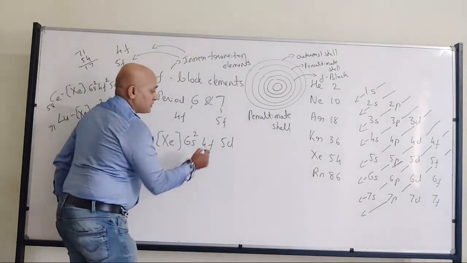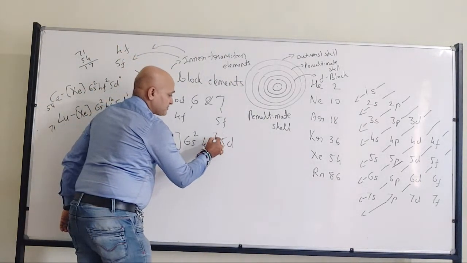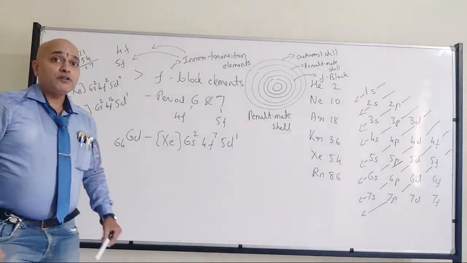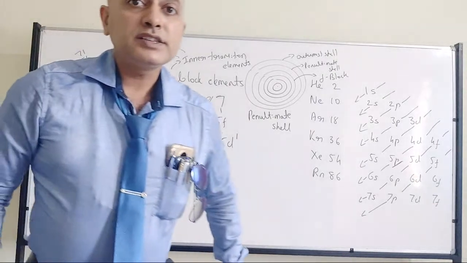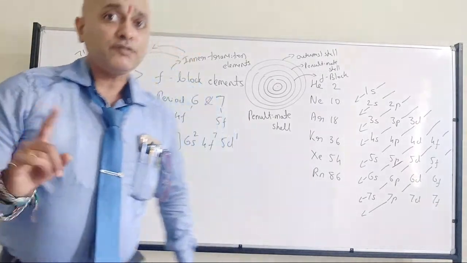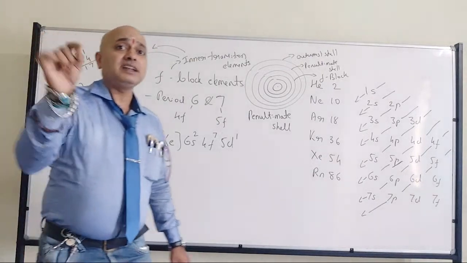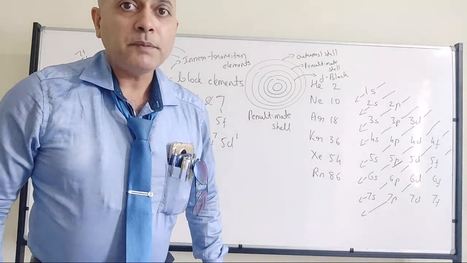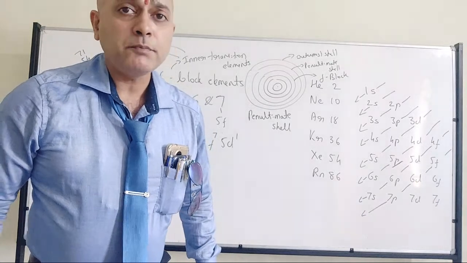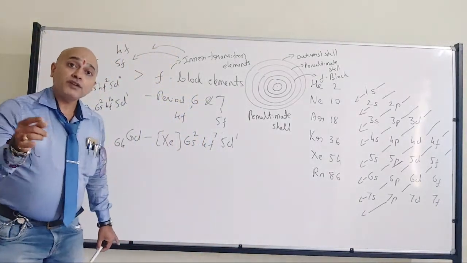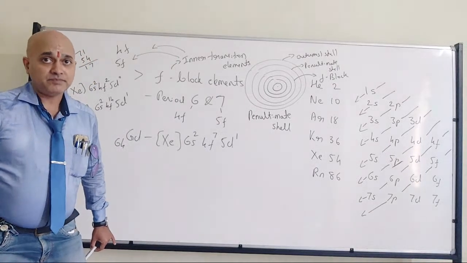But what I will do is, it will take 4f7, 5d1. Instead of 4f8, all of you remember, instead of writing 4f8, you people are absolutely correct, because you are writing the electronic configuration based on the Aufbau principle. But you are forgetting stability.